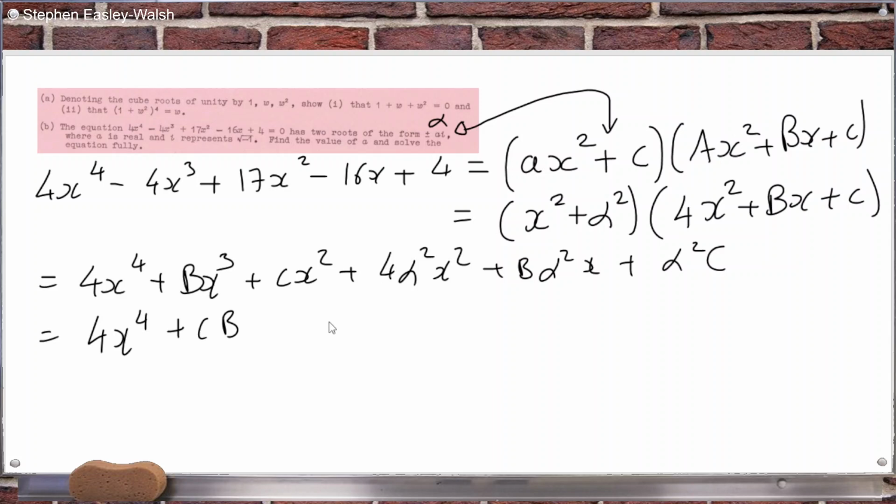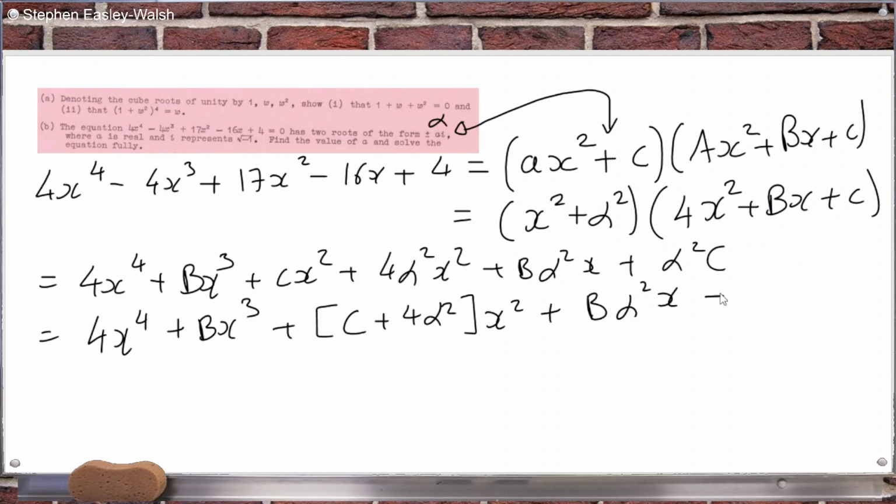Okay, plus bx cubed plus c plus 4 alpha squared x squared plus b alpha squared x plus alpha squared c. So b will equal minus 4.